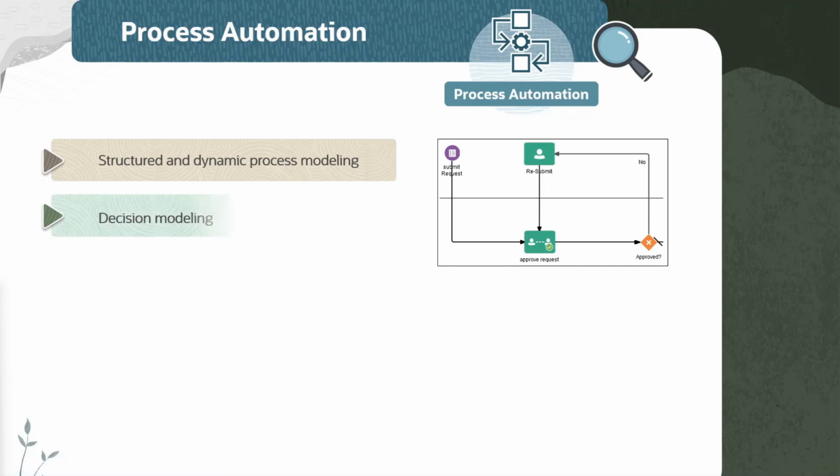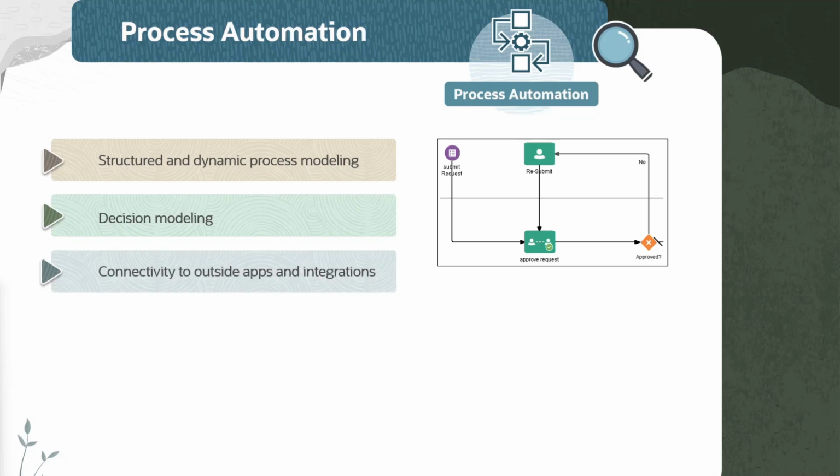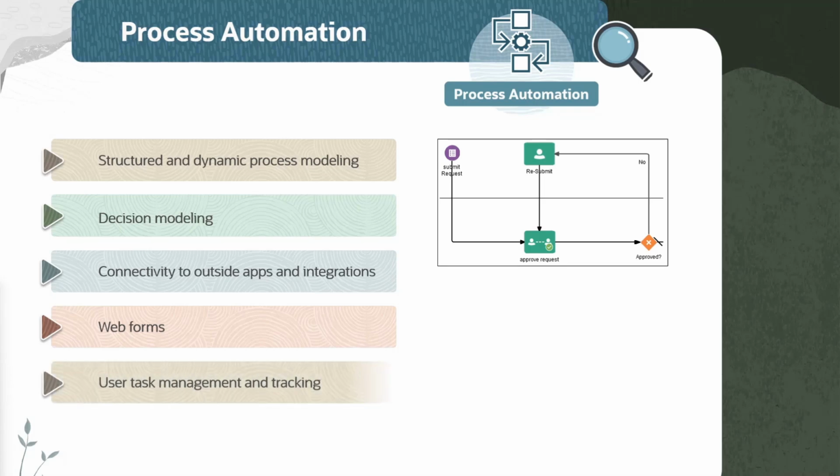Another capability is to automate decision-making with customizable business rules and logic. And although human-centric integration is the focus, you can also seamlessly integrate with external systems for data exchange and collaboration. To streamline data capture and input, you can create user-friendly web forms, and it's important to be able to track tasks, assignments, and approvals in real time for enhanced efficiency and accountability.